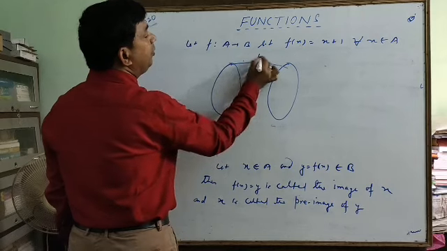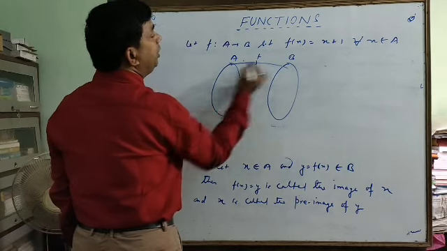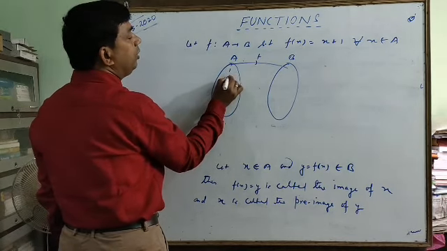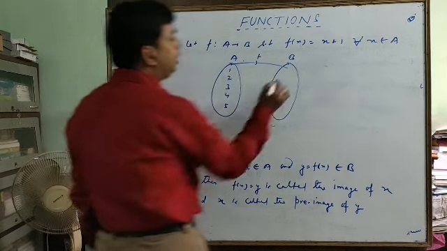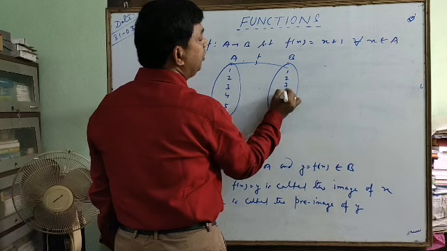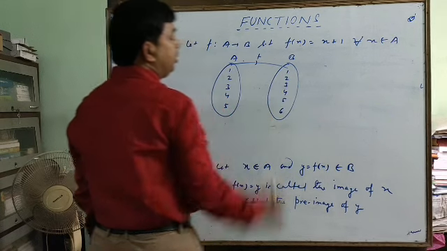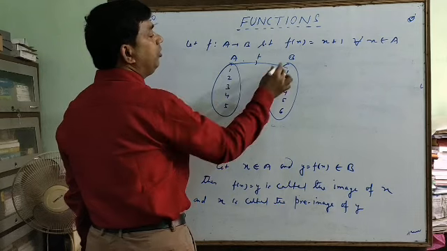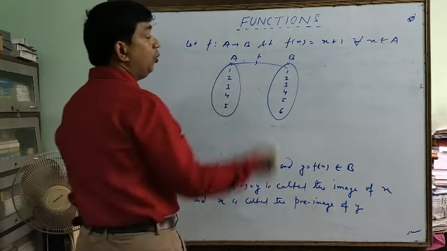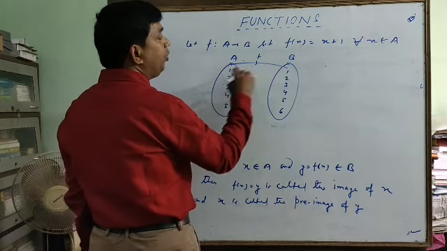Suppose f is a rule from A to B, and here I am taking 1, 2, 3, 4, 5, and here it is 1, 2, 3, 4, 5, 6. According to the rule, this is called the input device and this is called the output device. Whatever input we take, the output will come.